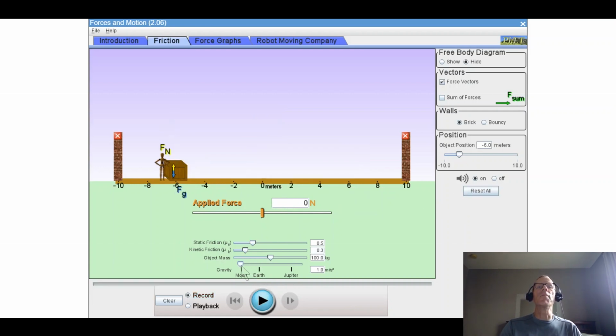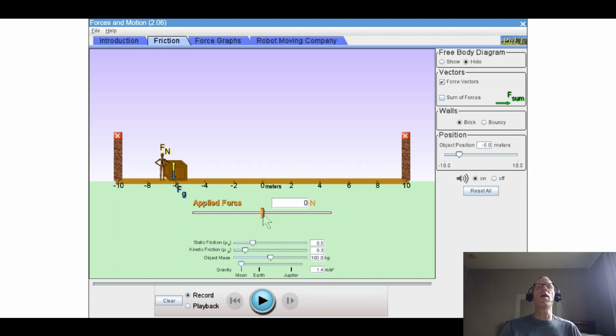Now I'm going to go to the moon, keeping the coefficients of friction the same. The mass of the box is the same, and notice that the gravity is a lot smaller on the moon, so the weight of the box is a lot smaller. F sub g is a smaller arrow, and thus F sub n is a smaller arrow as well.